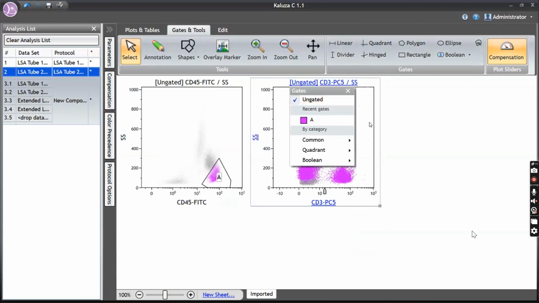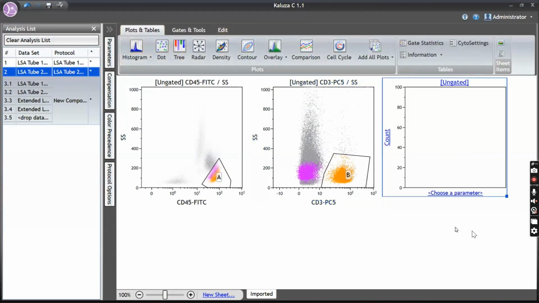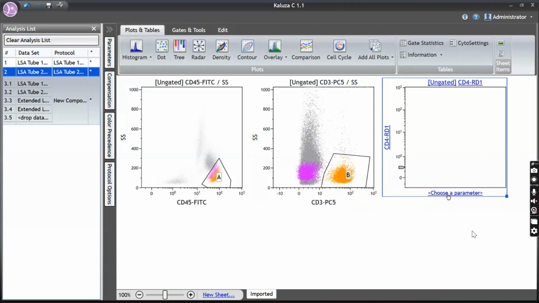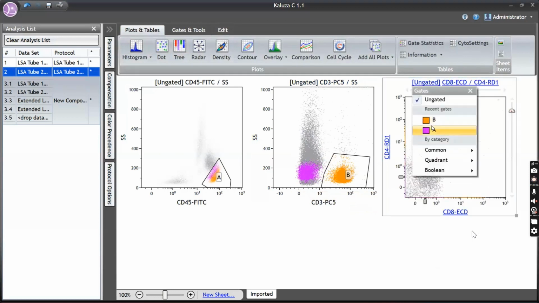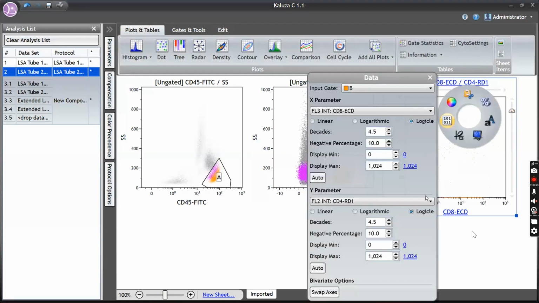You can put this, or you can directly gate like this. So you gated the T cells. Now you need to check how much of the T cells are CD4 positive and how much are CD8 positive. So gate CD4 here and gate CD8 here, and then apply the lymphocyte gate.